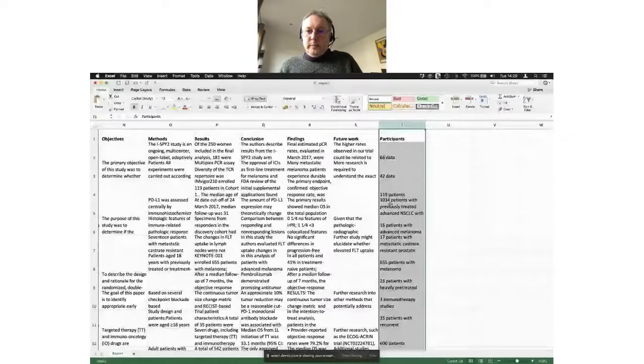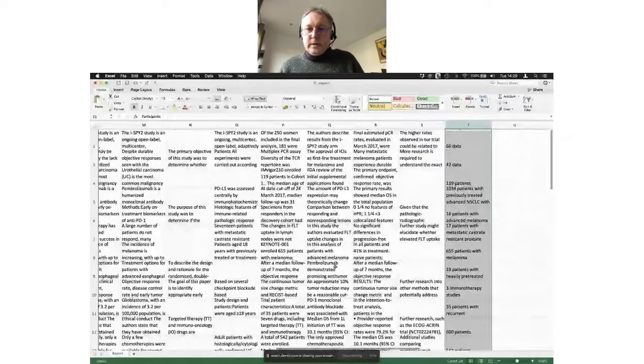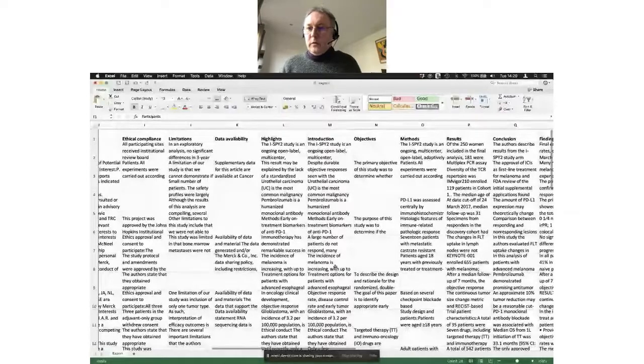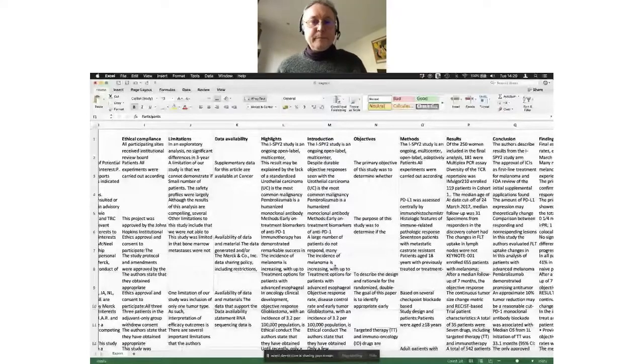This one had 119 patients, whereas this one had 1,034. This one had 16, and this one had 17, but different conditions. This had 655, and so on. So although they're looking at different cohorts of patients, they were all looking at the effectiveness of this drug on reducing mortality.